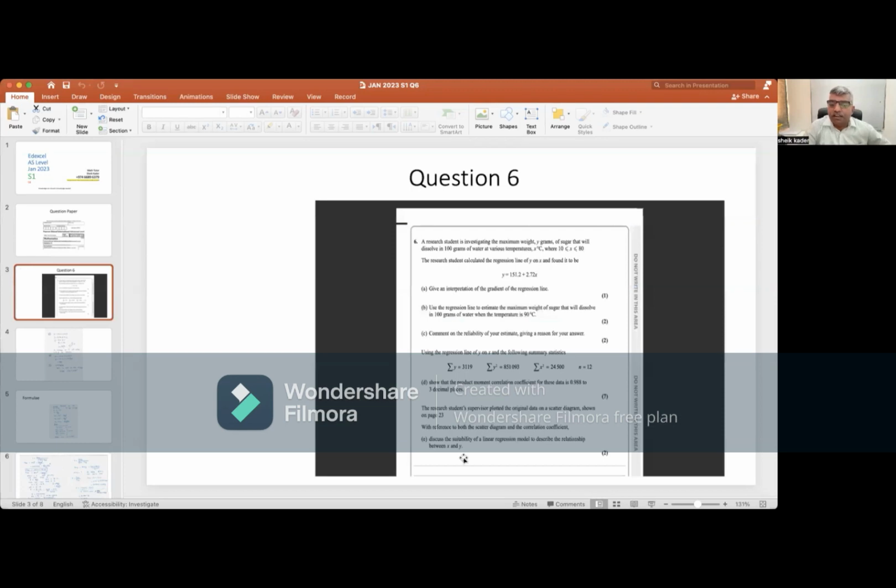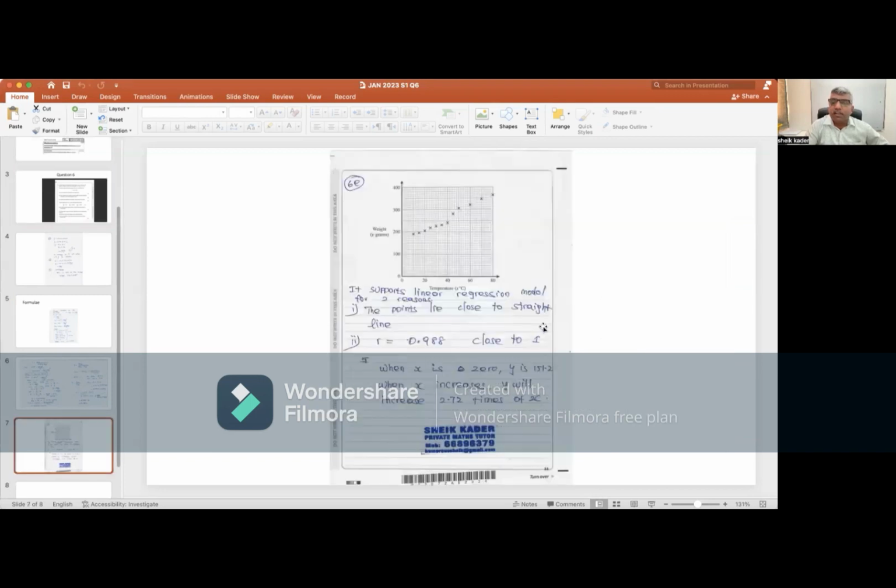6e, they have given one graph on the next page. With reference to the scatter diagram and the correlation coefficient, discuss the suitability of the linear regression model to describe the relationship between x and y. This is the graph they have given. You can see all these dots are close to one straight line, so it supports the linear regression model.